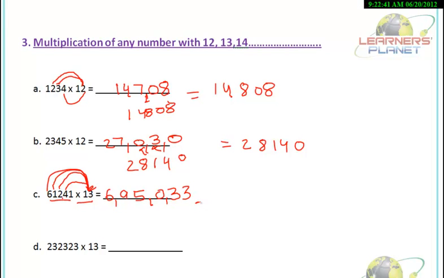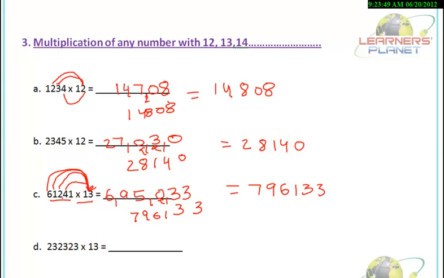Okay, in the next step, we are going to add them: 1, 6, 9, 7. So the answer is 796133. It's very simple, friends. You just have to practice with the method.